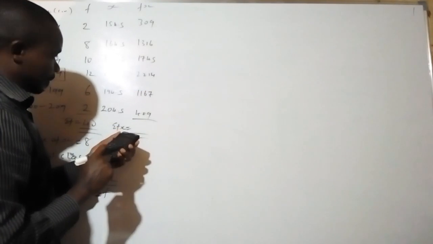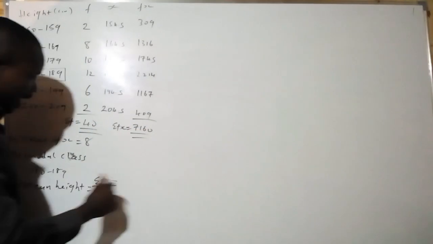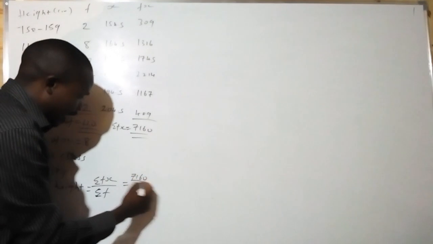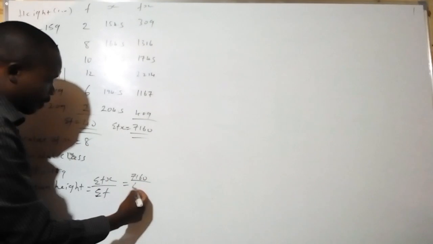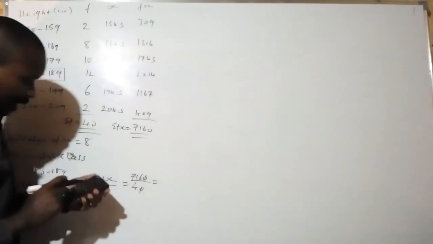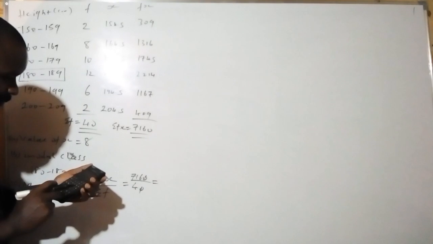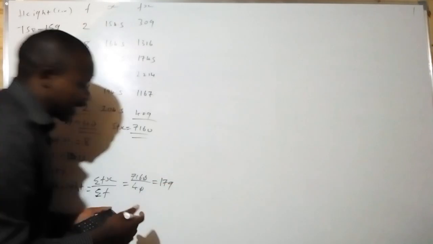And now that you want the mean height, we are going to take 7160 and divide by the summation of frequencies, 40. We get 179. This is the mean.